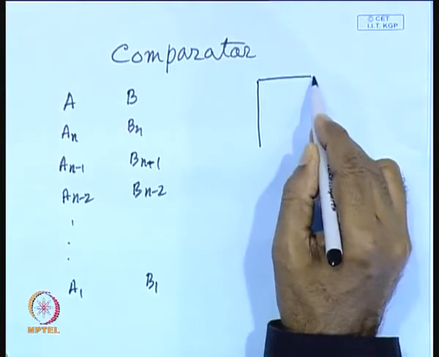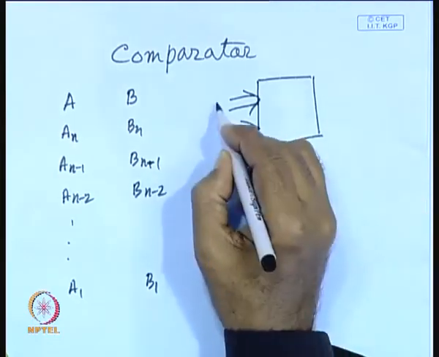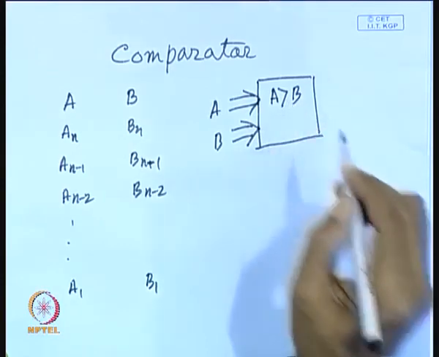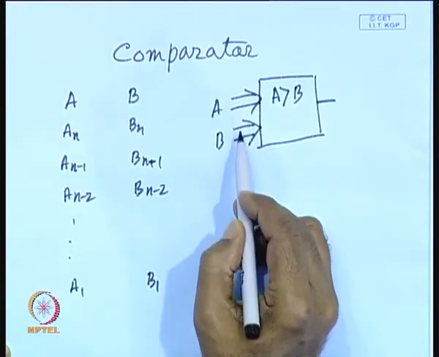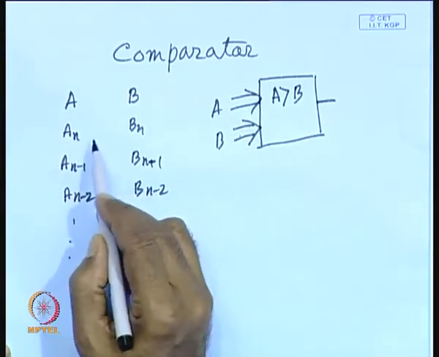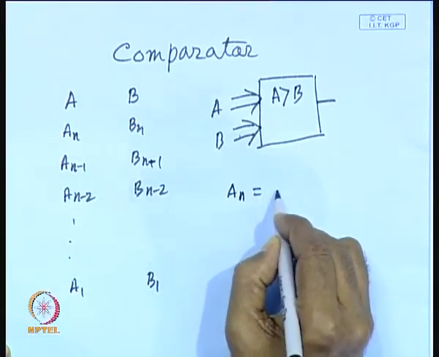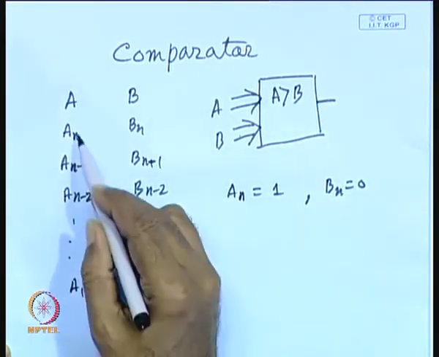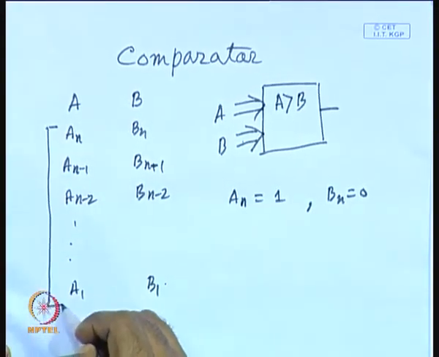So, this comparator will normally receive two inputs a and b, maybe through two registers, and it will perform the comparison of whether a is greater than b or not. Now, whether a is greater than b or not can be found out from these two most significant bits, if they are 1 0 or 0 1. Suppose a n is equal to 1 and b n is equal to 0, then you know that the number a is greater than b without looking into the remaining bits.